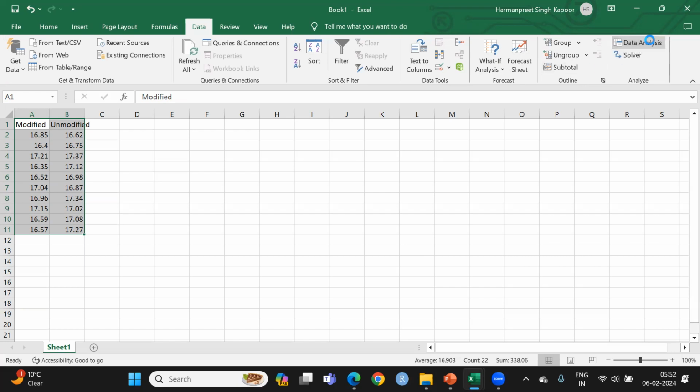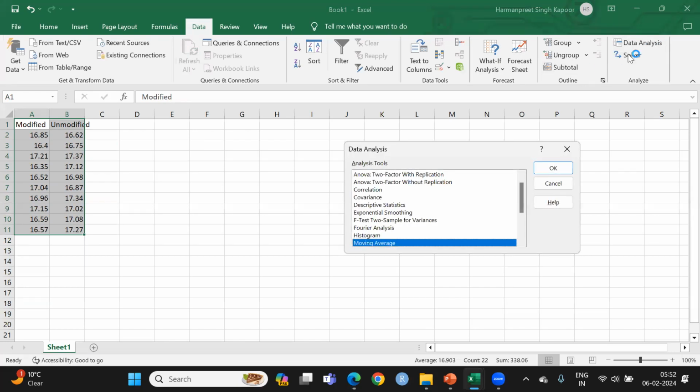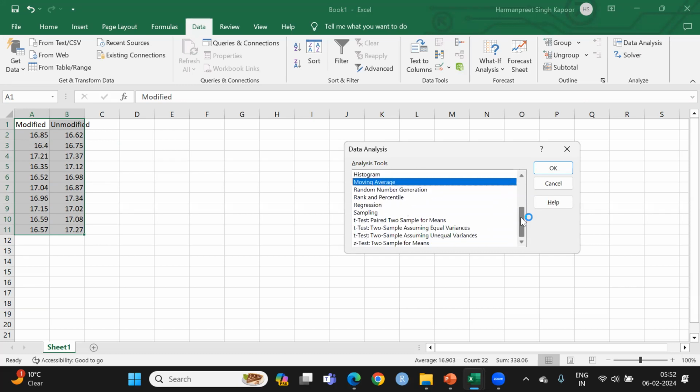Then I go to data analysis, then I go to t-test two-sample assuming equal variance, right? As I already told you what the meaning is, because we have two independent groups and we are going to do the testing. So that's why I've used t-test two-sample assuming equal variance.